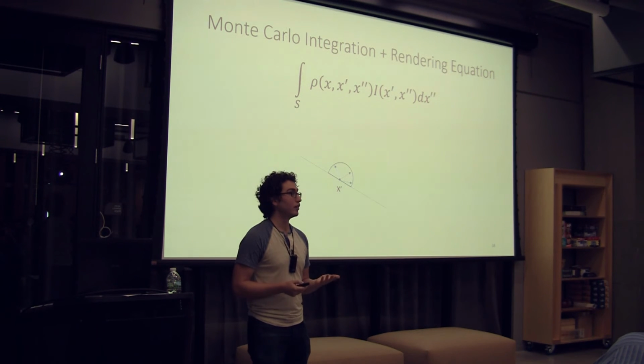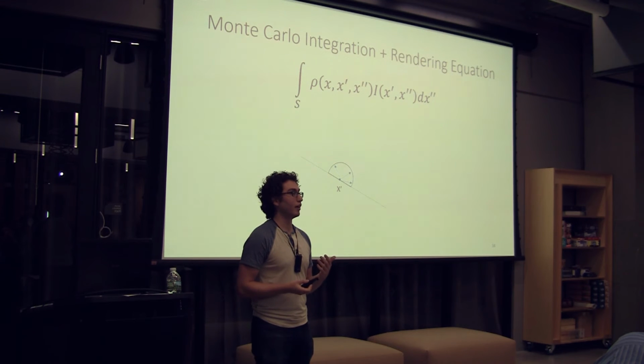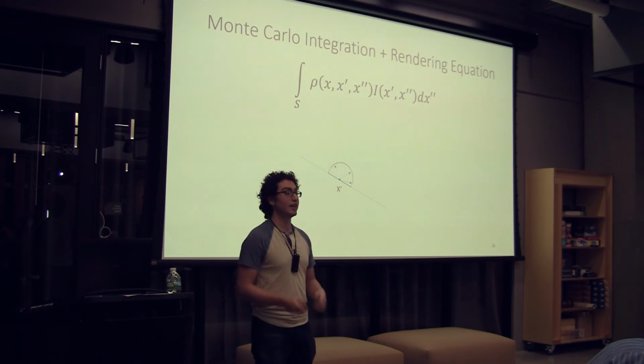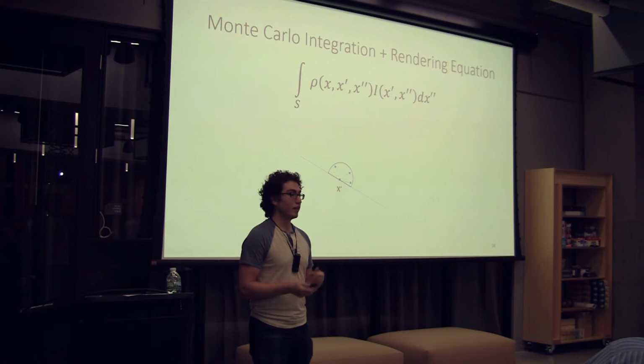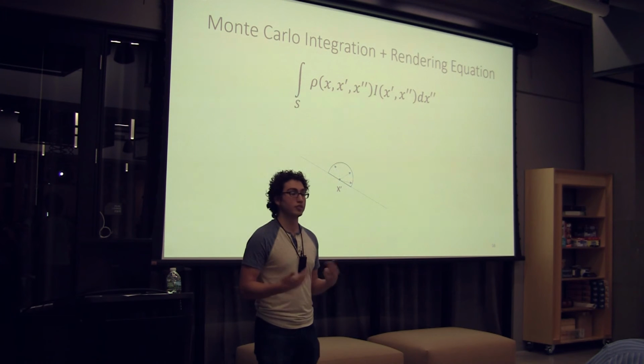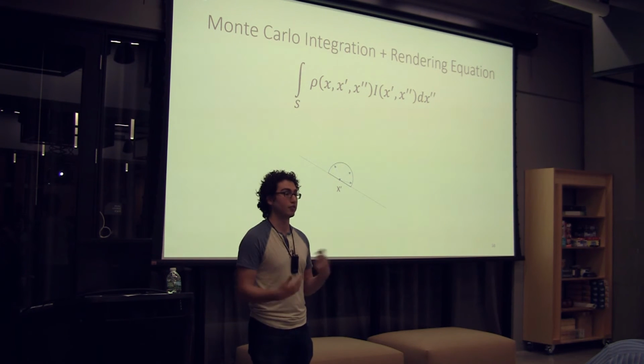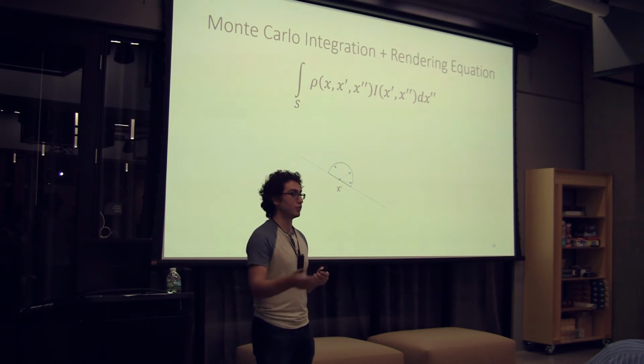When we do, we now have a new point, our x double prime, where we can evaluate this function. We can take samples. So we're going to shoot a bunch of rays and compute this integral by just taking the average after we calculate it for each individual point.